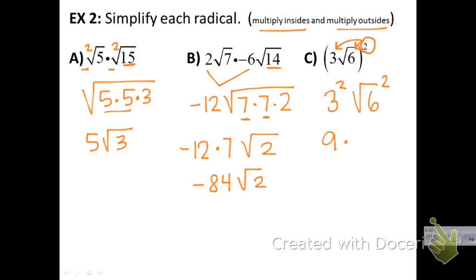Another way to look at that is to say that we have a 6 times a 6 because there are two of them, so it takes two to bring one out. Either way, we get a 6 here, and 9 times 6 is 54. In this case, there was nothing left inside the radical, so we don't put it there.